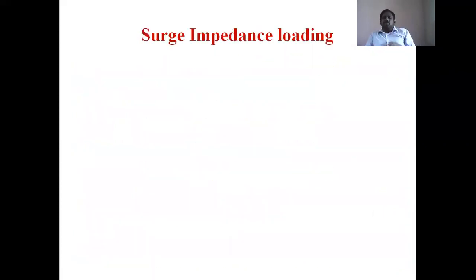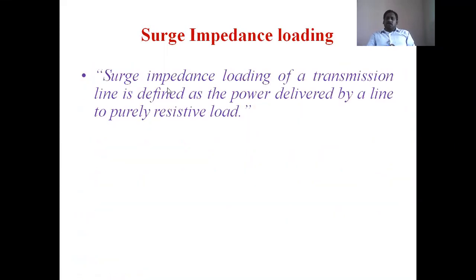What is meant by surge impedance loading here? Simply, surge impedance loading of a transmission line is defined as the power delivered by a line to a purely resistive load.